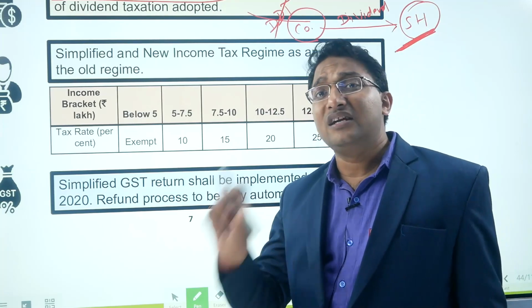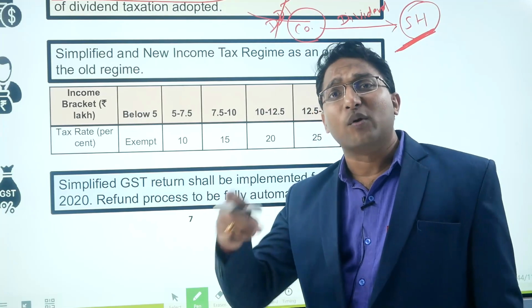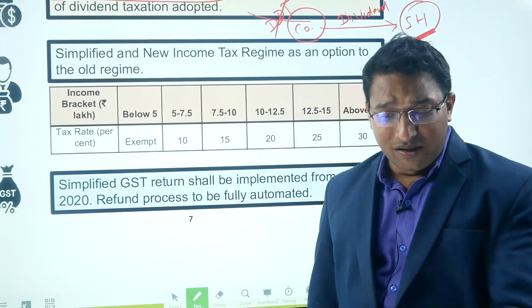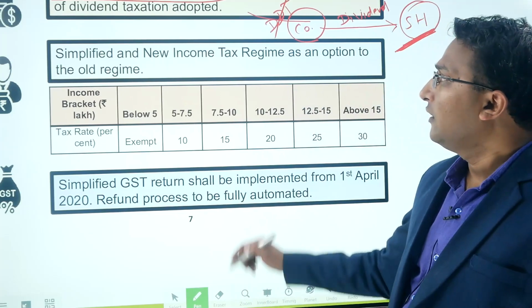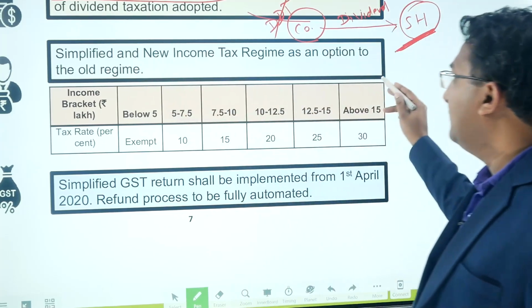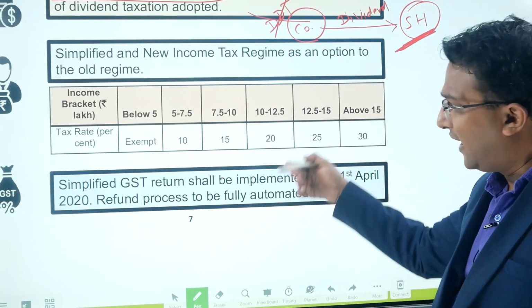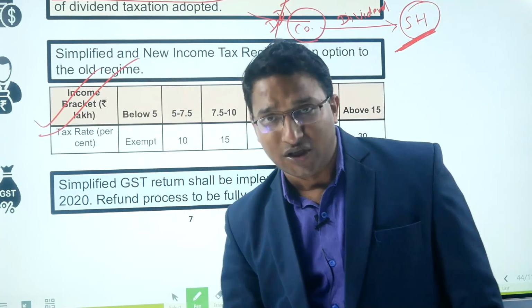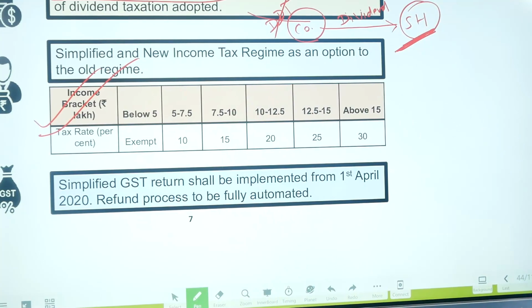So this removal of DDT in a way will promote capital market investment. It will promote the investment into the companies. Simplified and new tax regime as an option to the old regime. I already told you that this new tax regime is optional. This is optional. This is not mandatory.